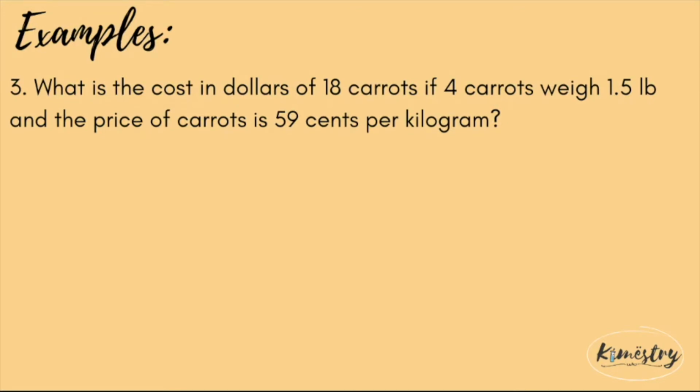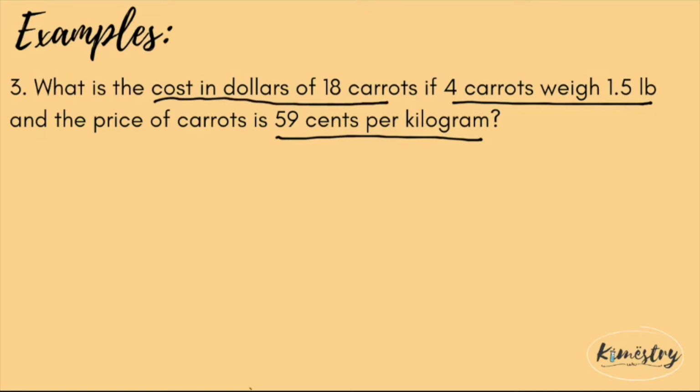What is the cost in dollars of 18 carats if 4 carats weigh 1.5 pound and the price of carats is 59 cents per kilogram? Usually for word problem, you have to read the question carefully and then write down what is given to you. In this case, they are telling me that 4 carats weigh 1.5 pound and then it's going to be 59 cents per kilogram. And they're asking how much in dollar of 18 carats.